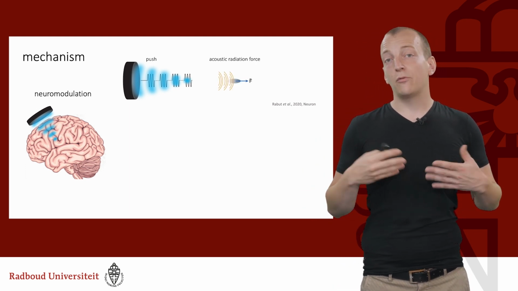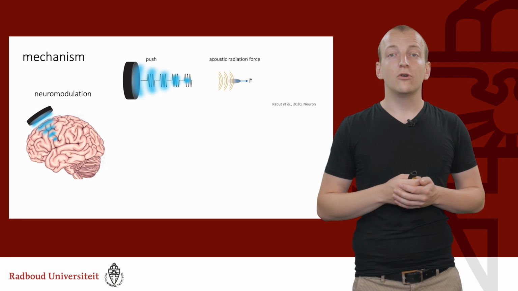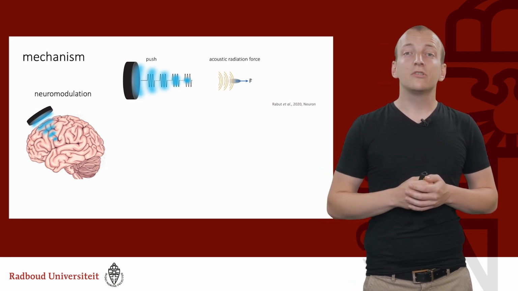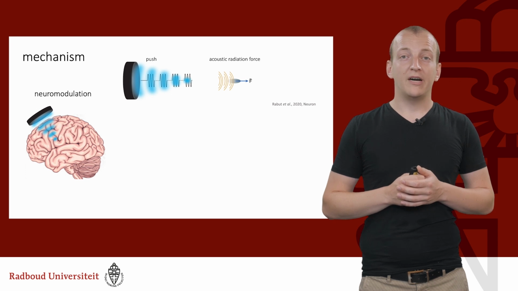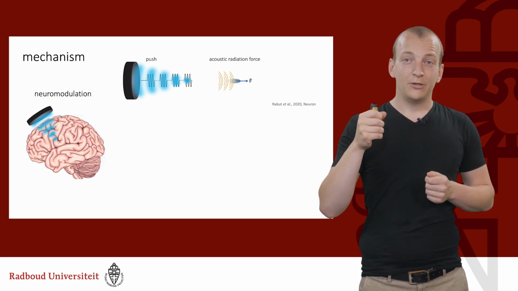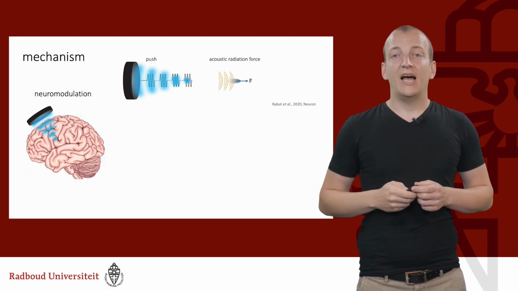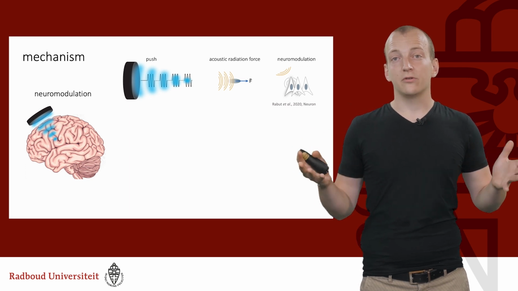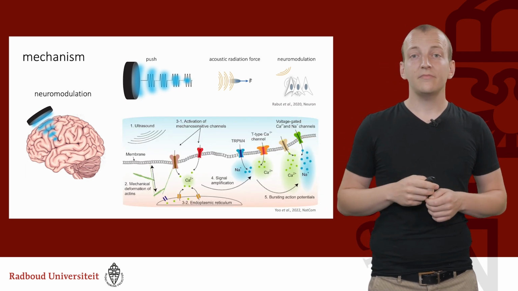So the mechanism through which we think it might lead to neuromodulation, or one of the mechanisms, is via acoustic radiation force. So by shortly delivering these pulses, you get a little push against these neurons, and that might change their functioning, leading to what we like to refer to as neuromodulation.